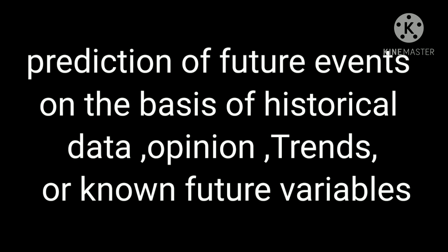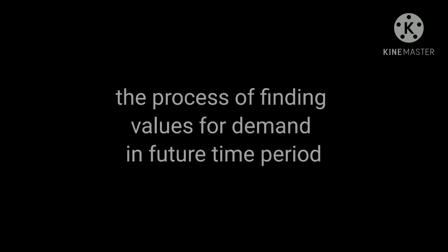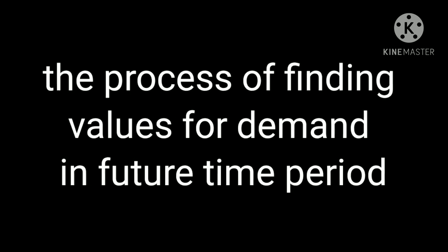And the experts in different areas know more about certain events, so we get information from these experts. We can use this information to predict the future events. So prediction of future events on the basis of historical data, opinion, trend or non-future variable is known as forecasting.